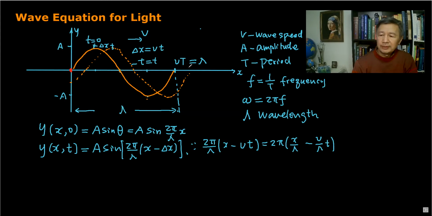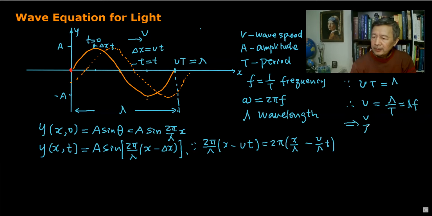From this formula, because we have velocity multiplied by period equal to lambda, therefore velocity will equal lambda divided by T, or lambda multiplied by frequency. So in this case, v over lambda will equal exactly the frequency. So this term will be frequency.